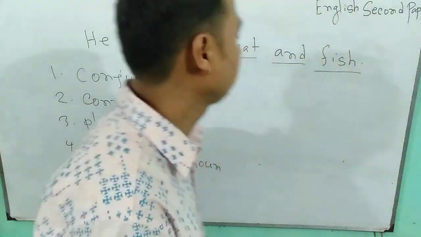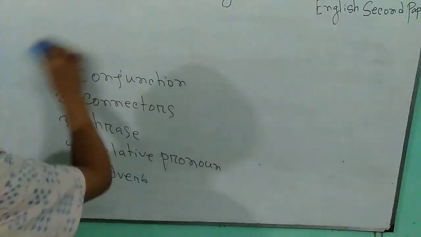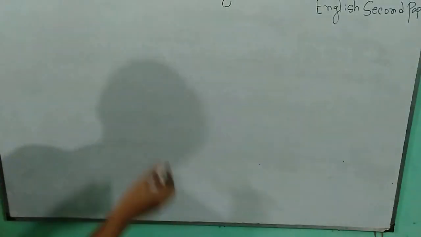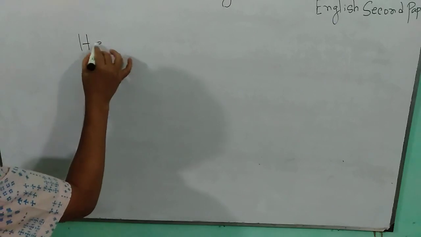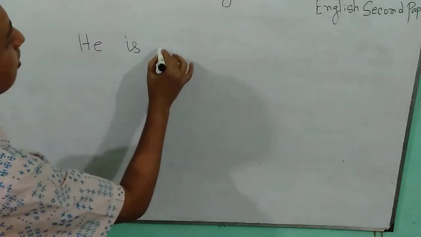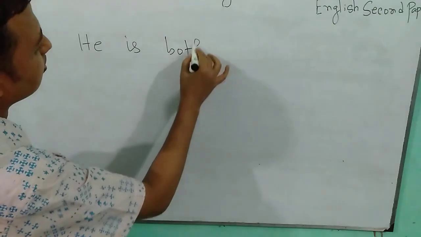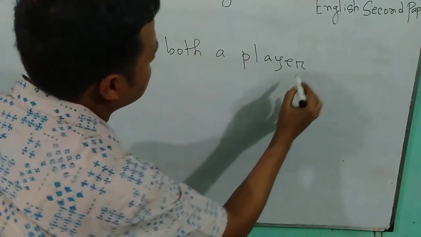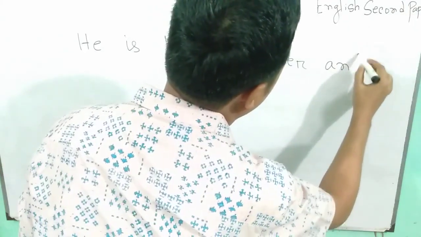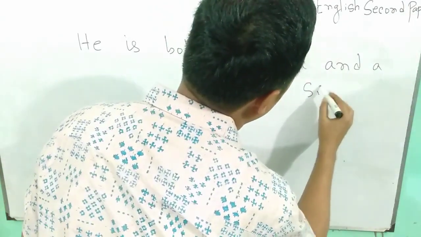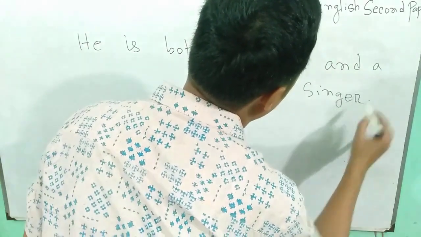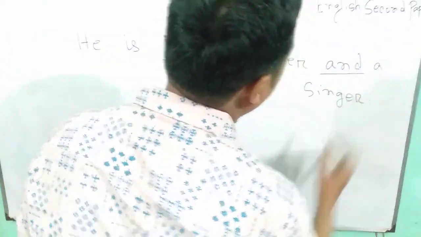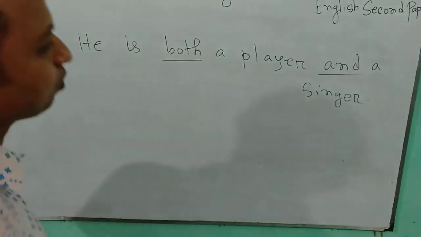As for example, he is both a player and a singer. Here, both...and is a correlative conjunction.